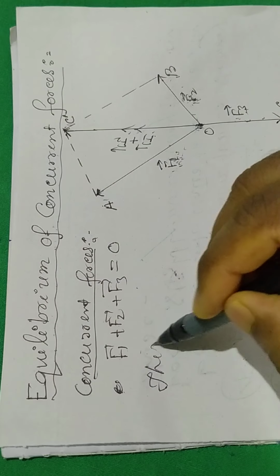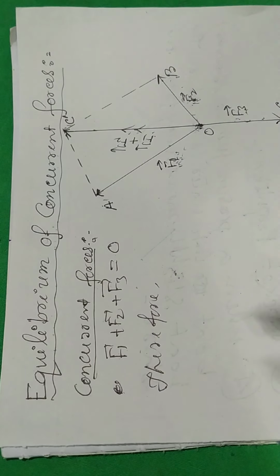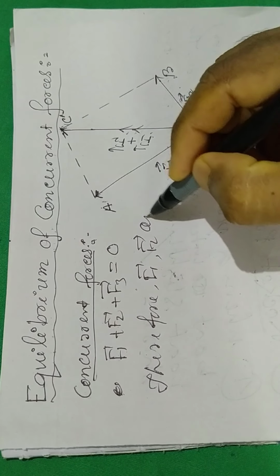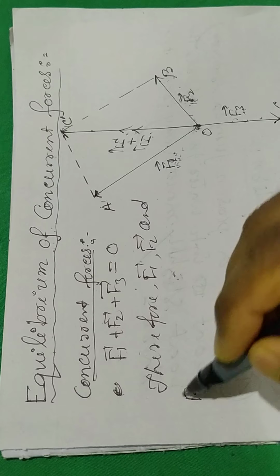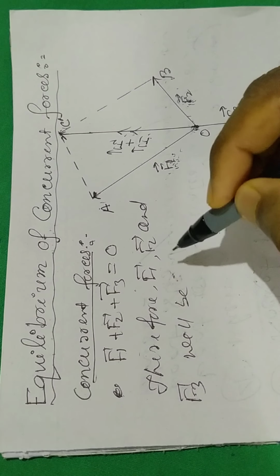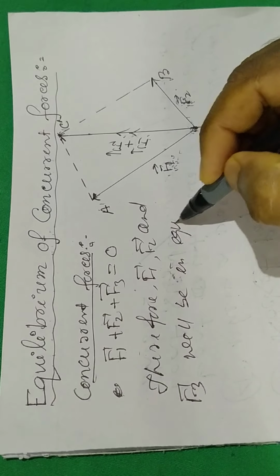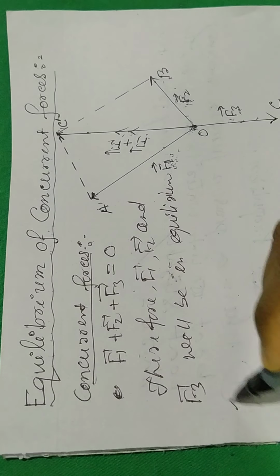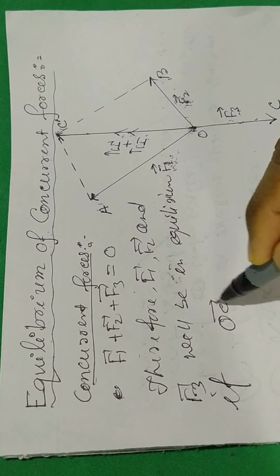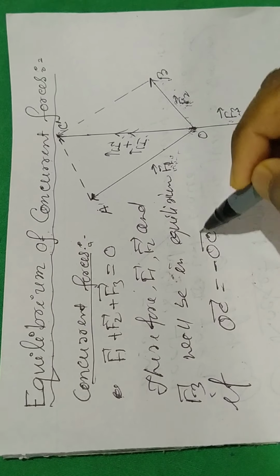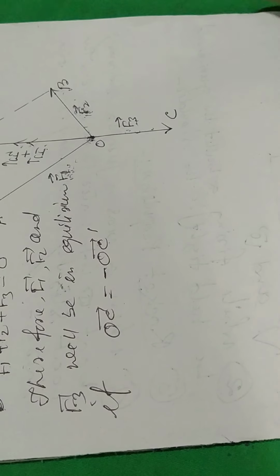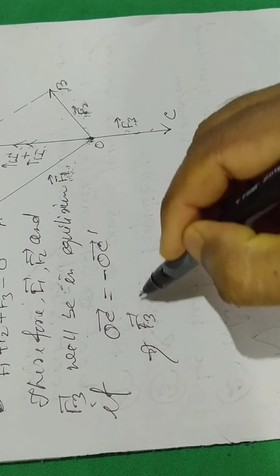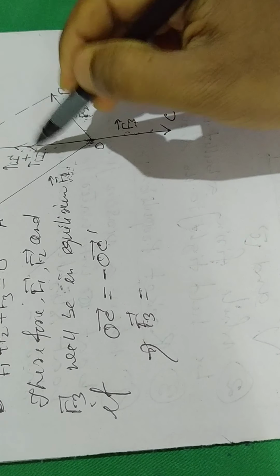Therefore, F1, F2 and F3 will be in equilibrium if OC is equal to minus OC dash. OC is F3 and OC dash is F1 plus F2.